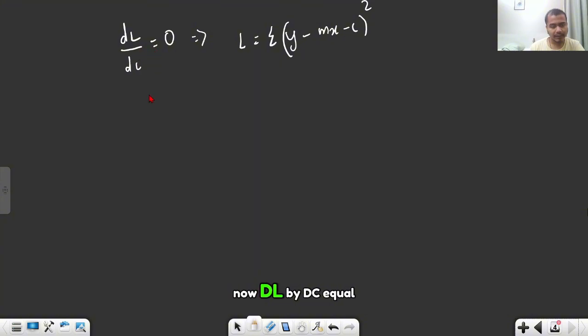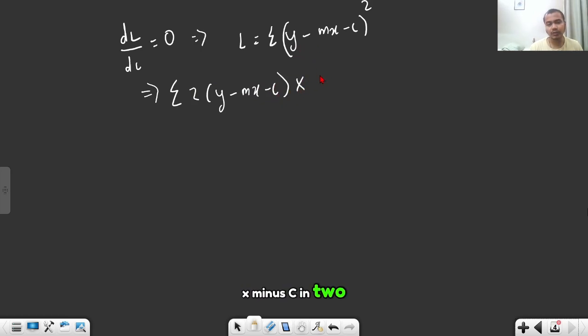Now dL by dc equal to 0. Again the same, sigma will be staying, 2 will come out, 2 times y minus mx minus c into. Now here the first term is 0 as it is a constant, mx is also constant with respect to c, so 0, 0, minus 1, equal to 0.